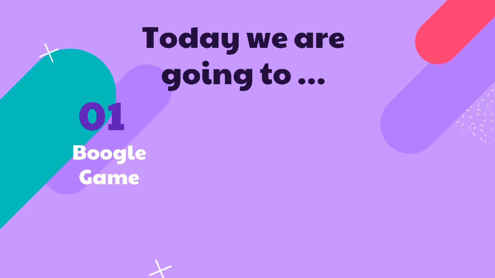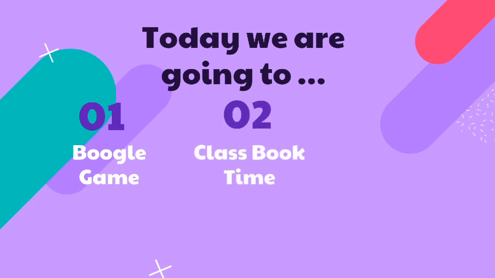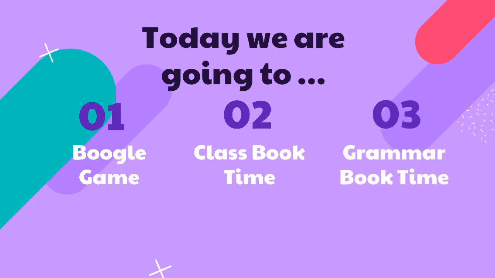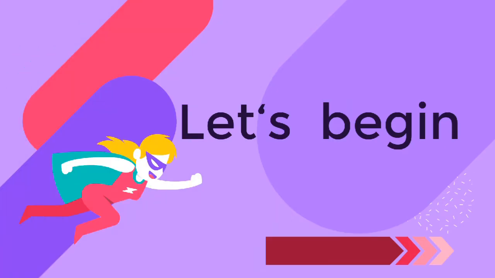But don't worry, I'm going to explain it again. The second one is classbook time, and the last activity is grammar book time. Okay, so let's start. In three, two, one.